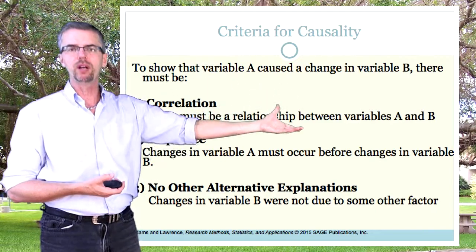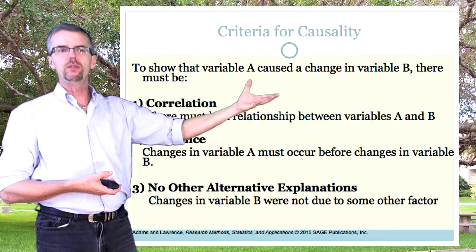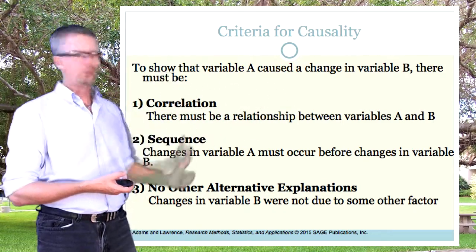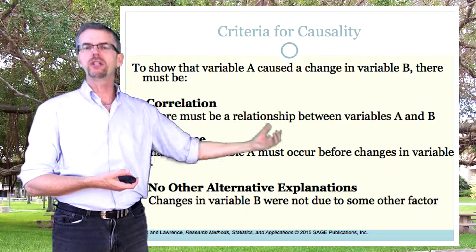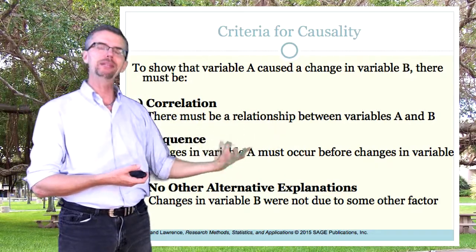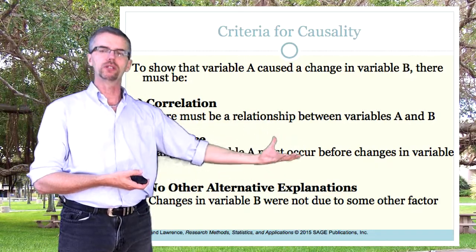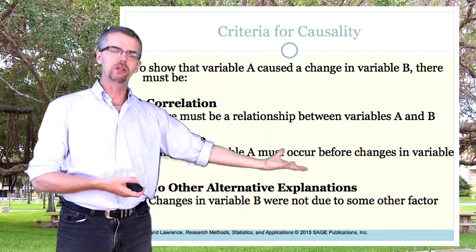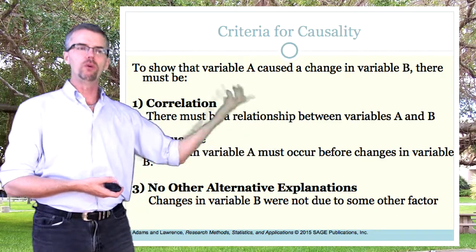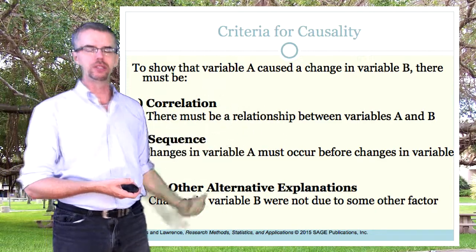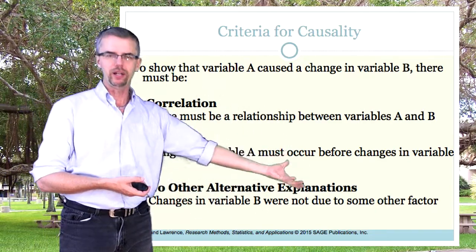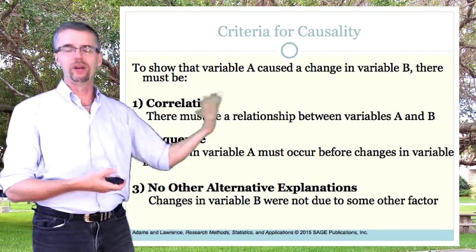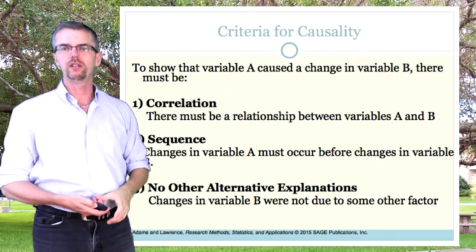If they occur at the same time, then one didn't cause the other, something else caused both. And the other one is that there has to be no other alternative explanation, so you have to look at other variables and eliminate them as potential causes. Because if you can't eliminate all of the other variables as potential causes, then you still don't know if variable A is the cause, because something in variable B, C, D, E, or F may also be causing it, and then you have confounding variables, which you'll understand in here.